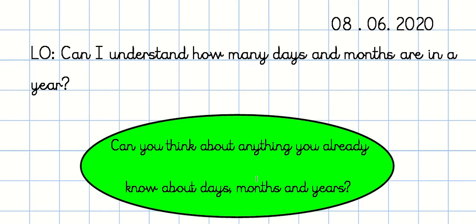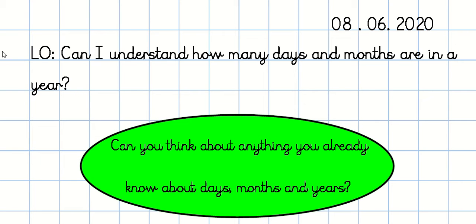Or do you know how many months are in a year? Or do you know how many days are in a week? Or how many hours are in a day? This is all really useful stuff, and we're just going to jot it down now to list everything we already know about time and remind ourselves of really important information we're going to need later.